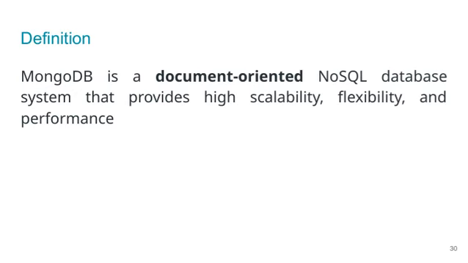Today, I want to talk about MongoDB, which is a document-oriented NoSQL database system. What that means is, unlike traditional relational databases, MongoDB stores data in flexible, JSON-like documents. This approach offers high scalability, meaning it can handle growing amounts of data easily, and it allows for a lot of flexibility in how you structure your data.